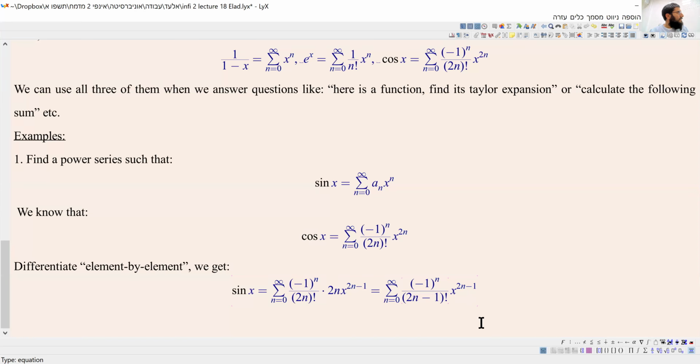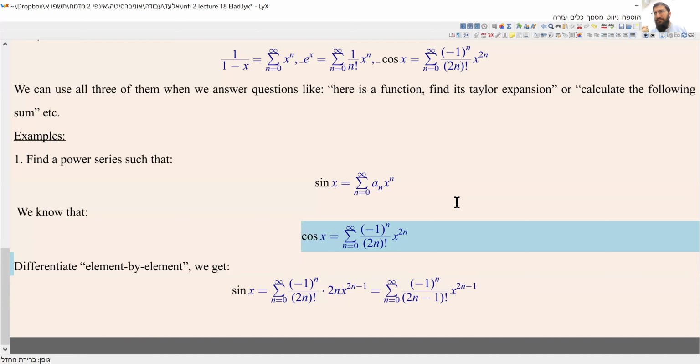Notice that it will be more precise to write it down a bit differently. Here, for the index n equals 0, we get x to the power of -1, which is of course not part of the series. So yet again, one can integrate and not differentiate, which is safer.